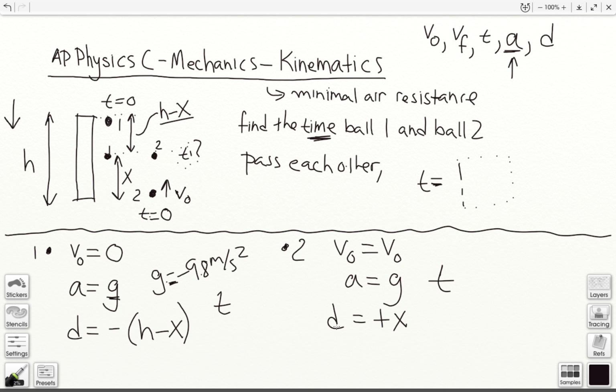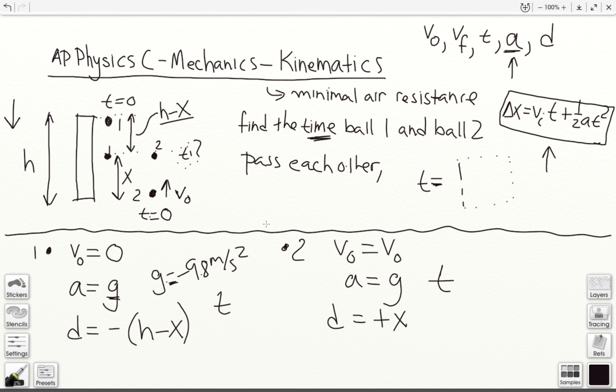So we're going to use the kinematic equation where change in x is equal to v initial times t plus 1/2 at squared. And for the AP exam, it's really important to know your kinematic equations really well.